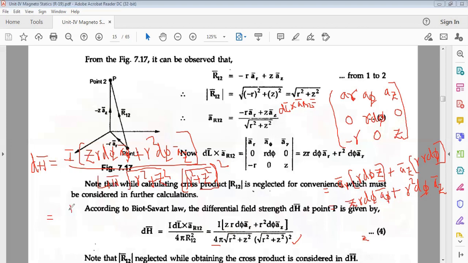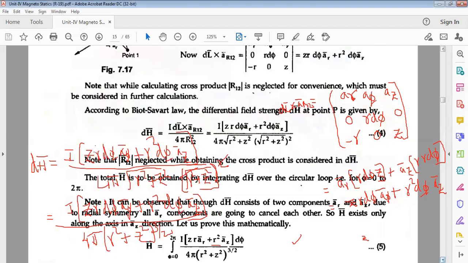So simplify the denominator: I into Z R dφ Aφ bar plus R square dφ AZ bar whole divided by 4 pi into R square plus Z square whole power 3 by 2. Here it is a 1 by 2 and this one is a square and this root gets cancelled. 1 plus 1 by 2, we will get 3 by 2.